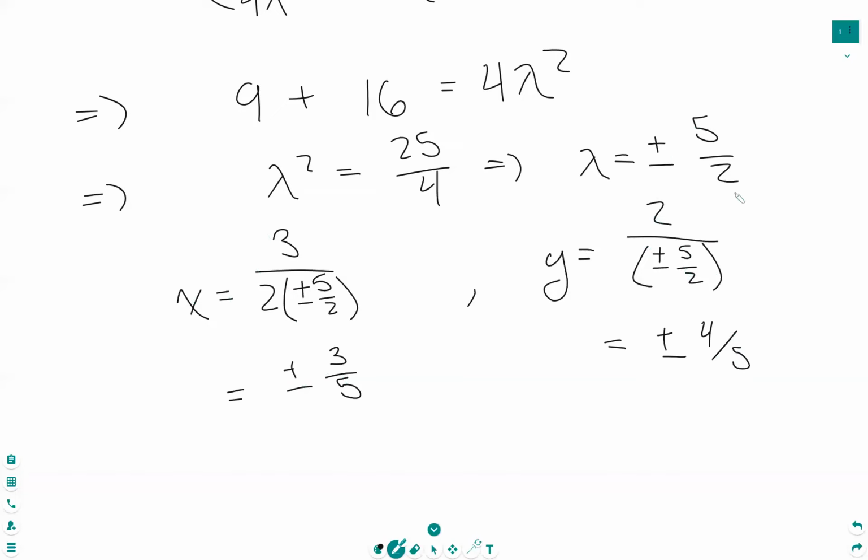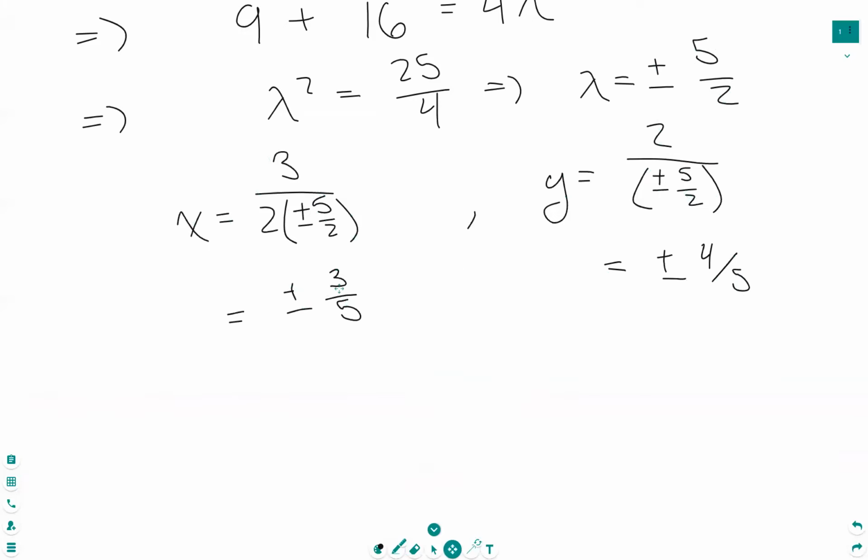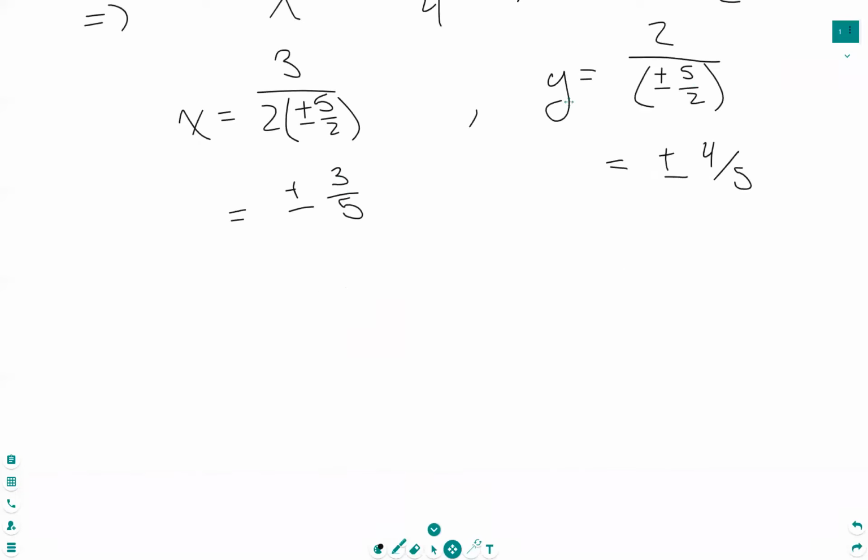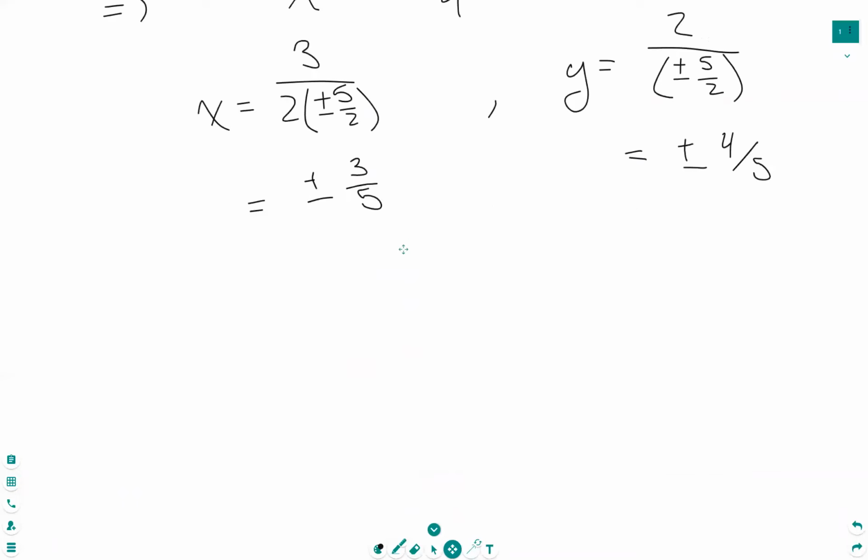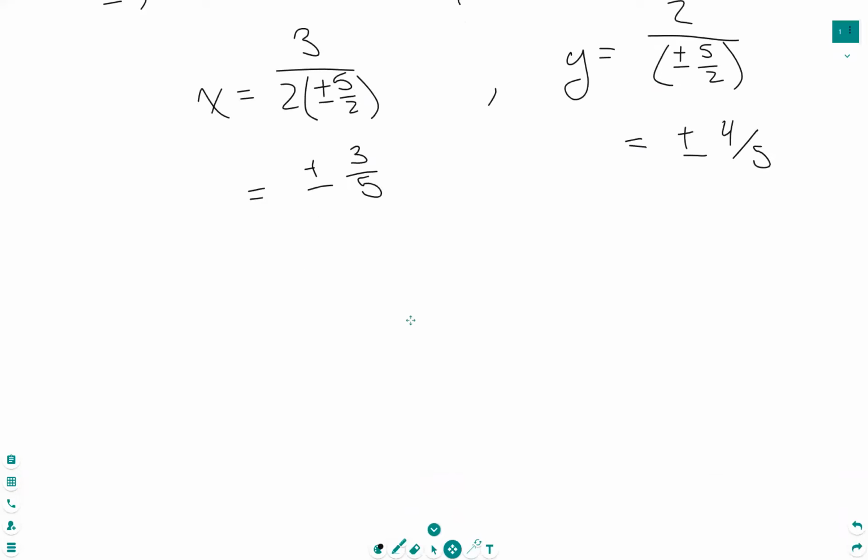If I plug in the negative, then both of these are negative. So it looks like I only have 2 points, right? I don't have the negative here and then the positive here, because they follow from the same case. This is positive if lambda is positive, this is positive if lambda is positive, and vice versa if it's negative. So we only have 2 points in this case.